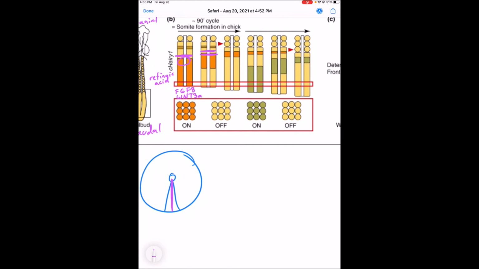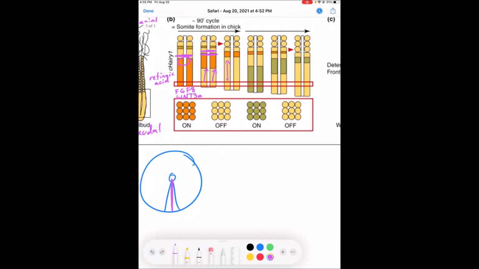There's also this back end that's moving forward. So the cells will express notch for a while, and finally, when notch reaches the very far end, that's going to lead to the formation of the third pair of somites.